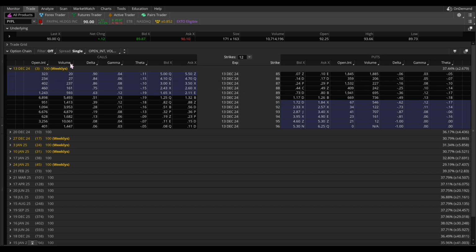Now, just to give a quick definition of volume, this essentially just refers to the total number of shares or contracts, to put it plain and simple, traded for a specific security or market within a given time period, such as the day. So in the context of options or futures, it just reflects how many contracts have been bought or sold during that period. Unlike open interest, volume measures active contracts.